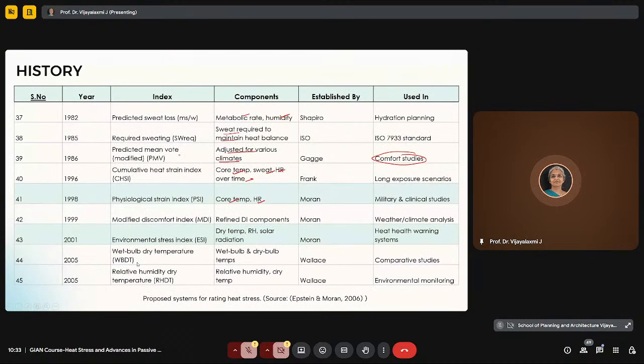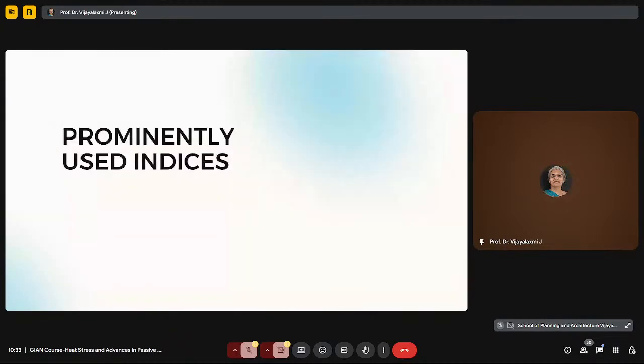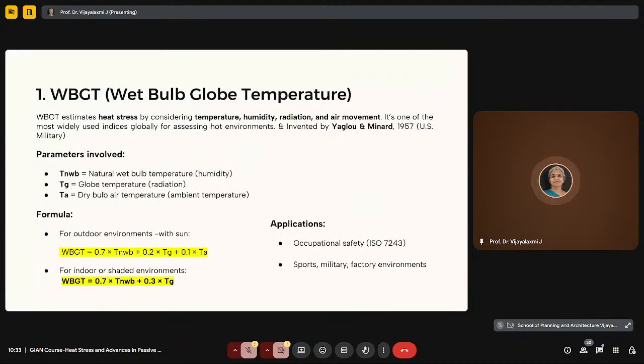Yeah, so there are so many indices which have developed over time. But what is of use and relevance, or what is predominantly used today? We will see that now. So the WBGT, or wet bulb globe temperature, this is used predominantly as it estimates heat stress by considering temperature, humidity, radiation, and air movement.